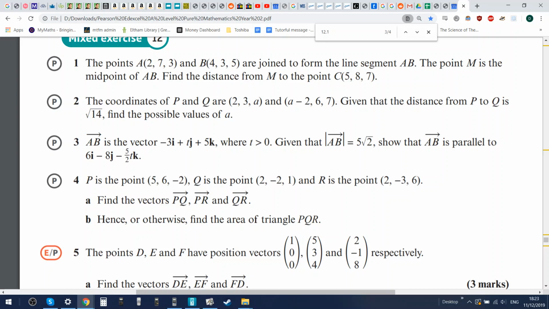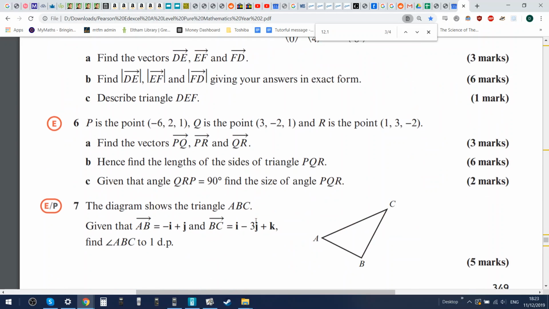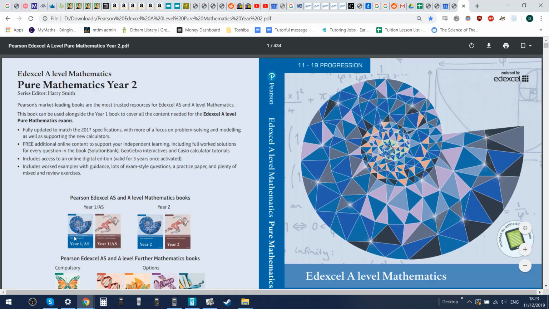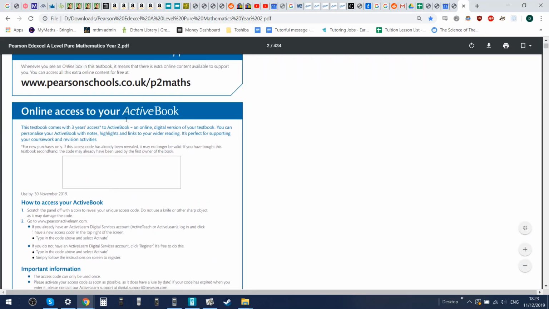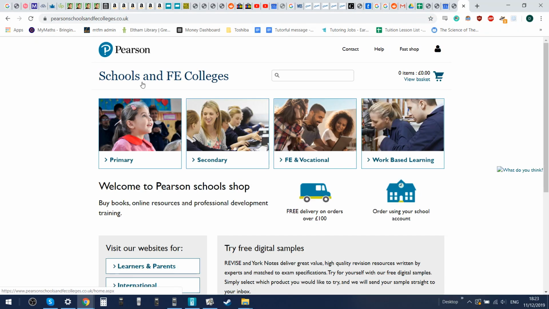Angle. We want angle. Find the angle ABC. Okay, this one is exactly the same. Question 7 of mixed exercises for vectors. Come on, Bucky.